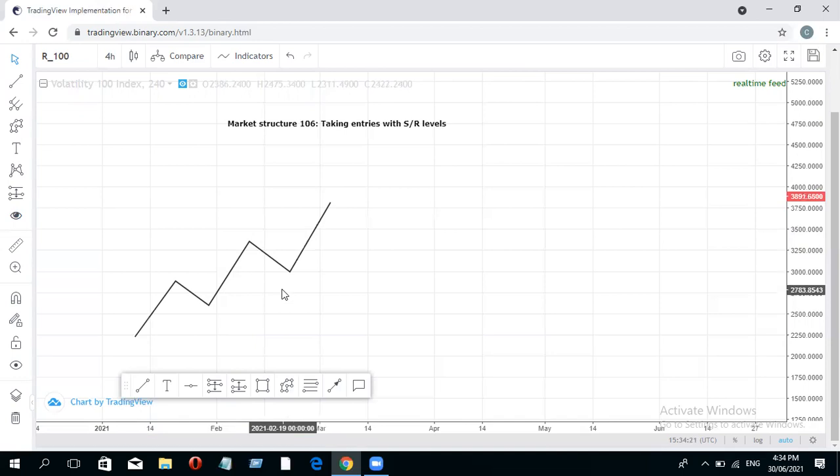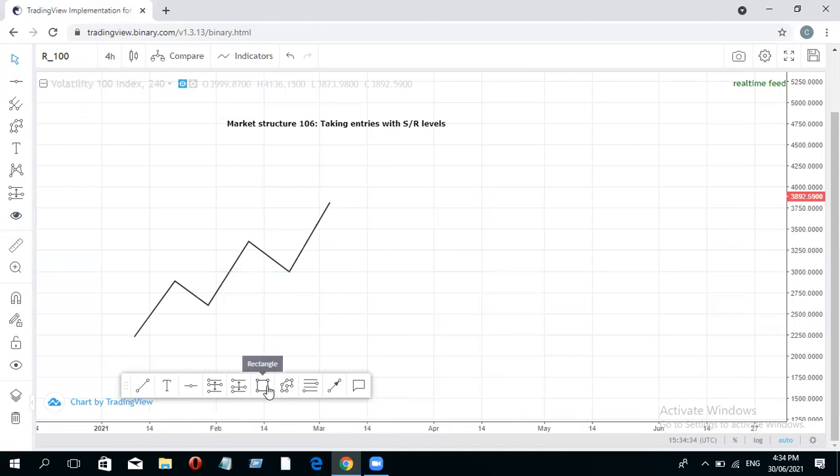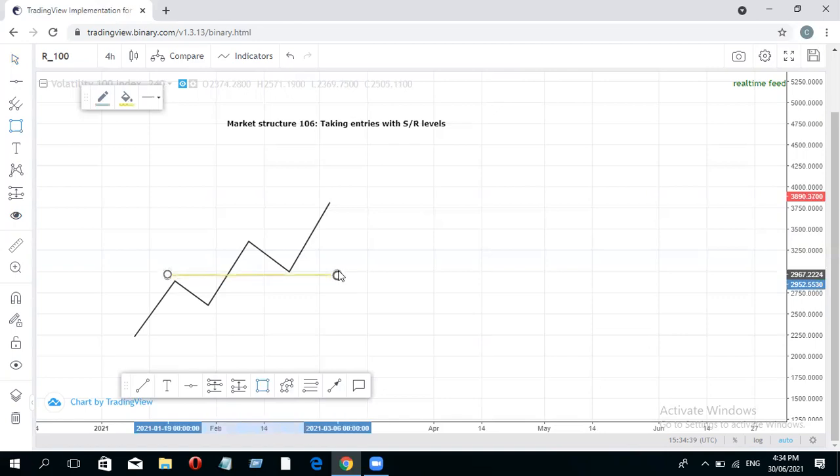Now, I want to point out something: wherever the market turns, it creates some kind of support there. So you see that the market came to this level and retraced. So what happened there? The market came somewhere here and the market retraced. It formed some kind of resistance.